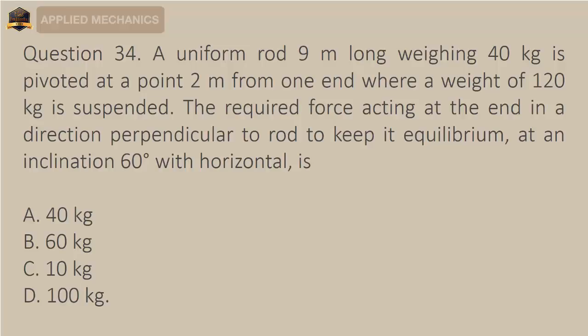The required force acting at the end in a direction perpendicular to the rod to keep it in equilibrium, at an inclination of 60 degrees with horizontal, is A. 40 kilograms, B. 60 kilograms, C. 10 kilograms, D. 100 kilograms. The correct answer is option C, 10 kilograms.